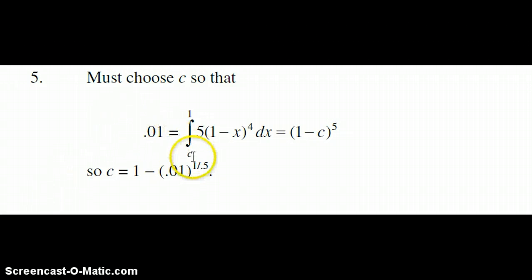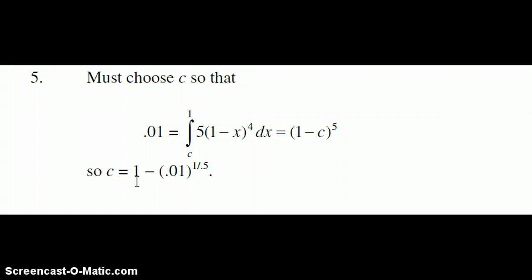In other words, if we integrate from c, whatever this cutoff point is, to 1, which is the highest value of the x domain, that area should equal 0.01. And then we can just evaluate this integral, and we would get 1 minus c to the 5th power, solve then for c to get this right here.